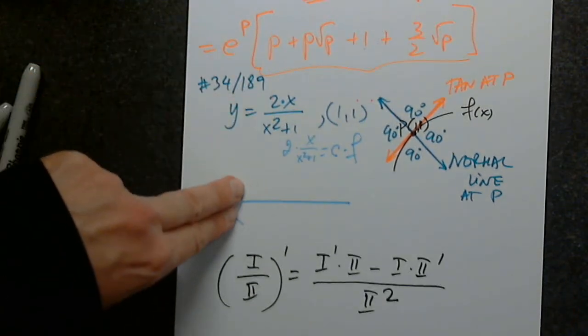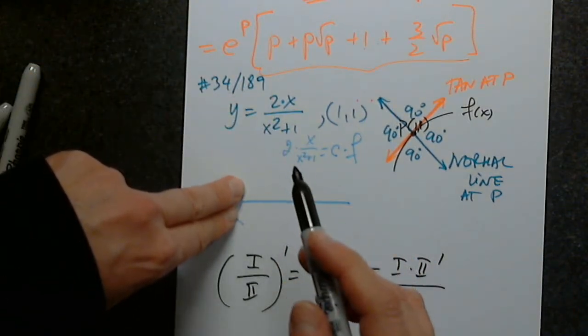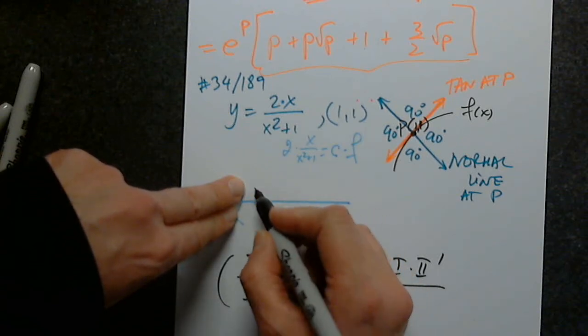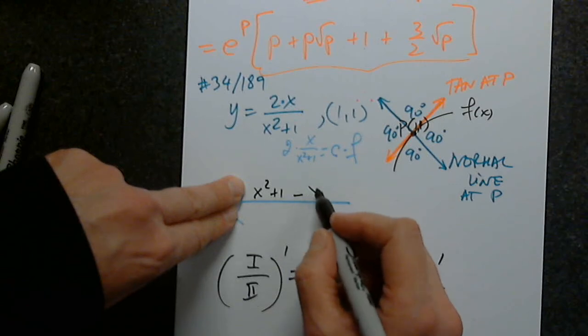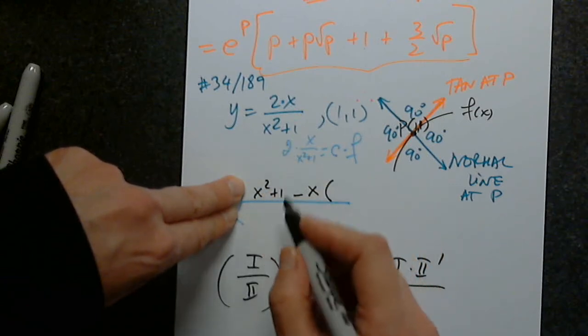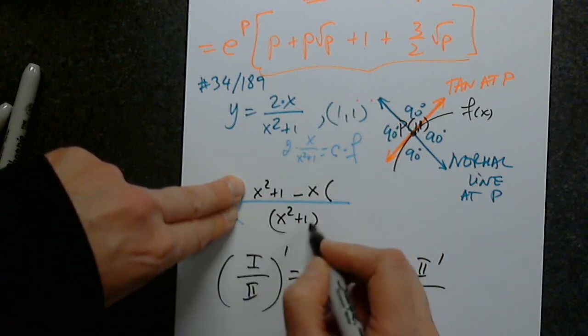So I copy 2. Top function prime is 1, times x squared plus 1, minus the first function times the second function prime. What is the second function prime?